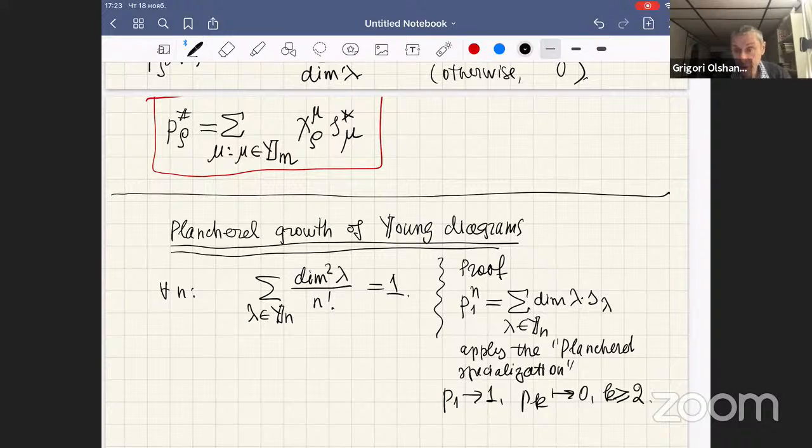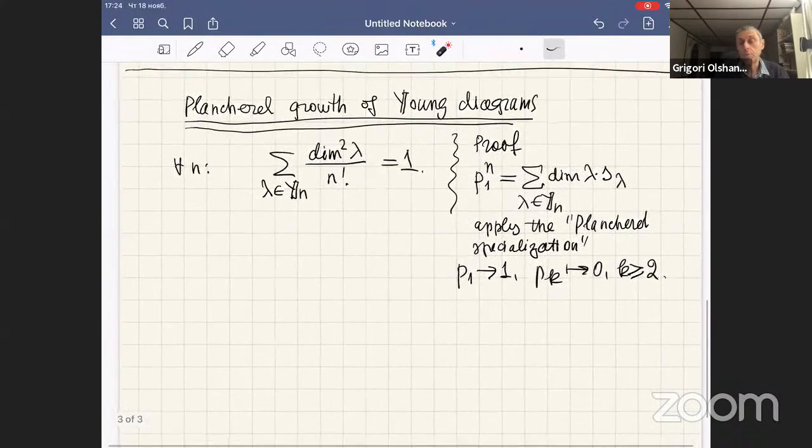And under this specialization, we get 1 on the left. This is one factor here. And the remaining factor appears from this, because we know that the specialization under this procedure gives us exactly the dimension divided by n factorial. So this is a proof.